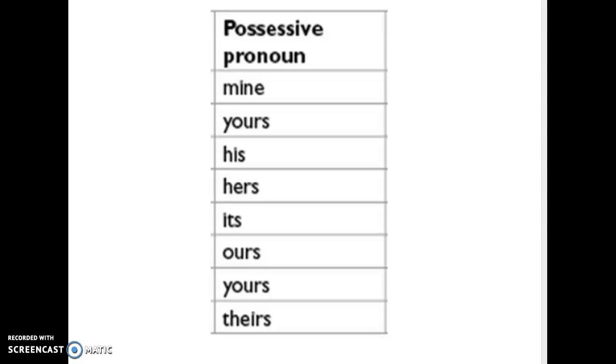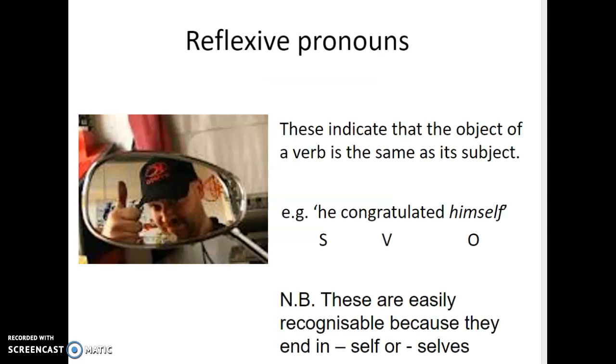The next pronoun I'm going to discuss with you is the reflexive pronoun. These indicate that the object of a verb is the same as its subject. So for example, we have here, he, which is the subject, congratulated himself. As you can see, the subject and the object are the same person.